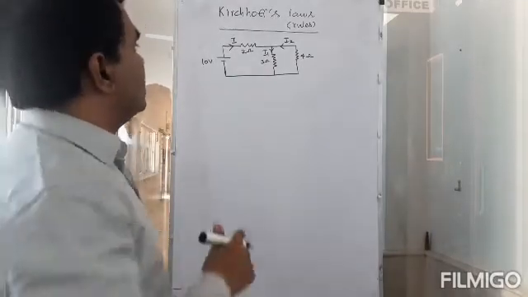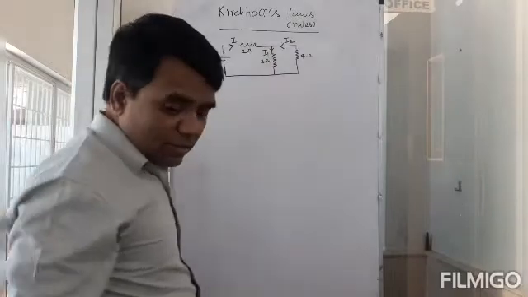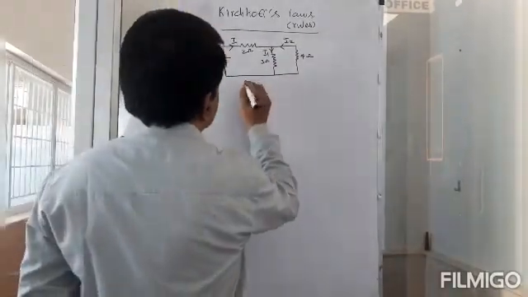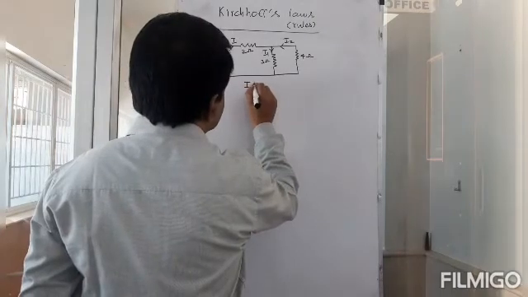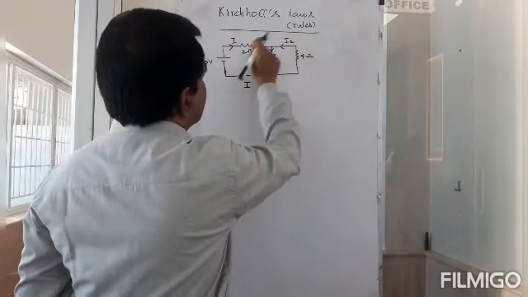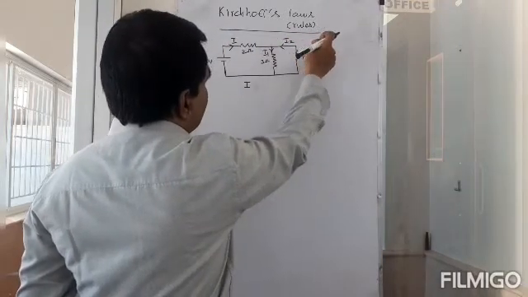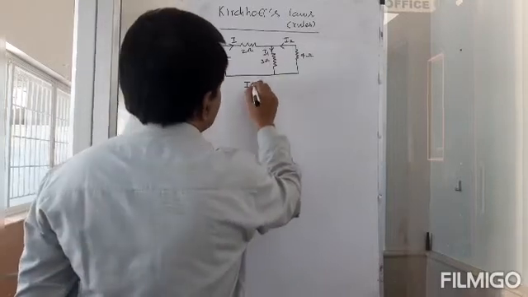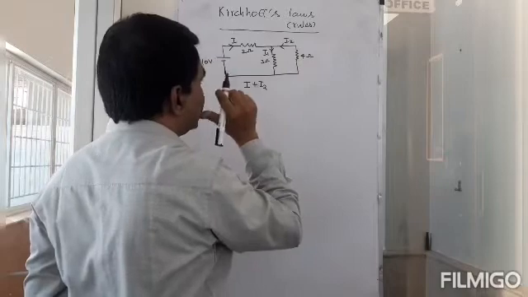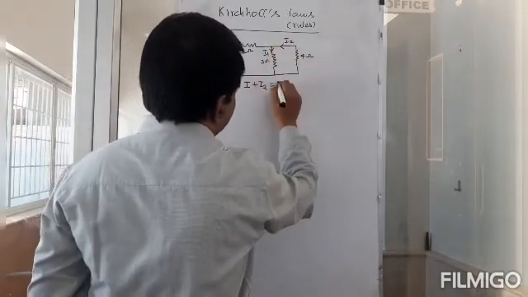So I'll take this junction. I'll use Kirchhoff's current law. What would that give me? What's incoming current? I is incoming, and I2 is also coming in. So the incoming current is I plus I2 here, and that must be equal to what is outgoing, I1.